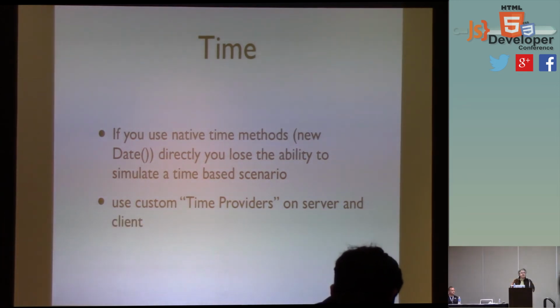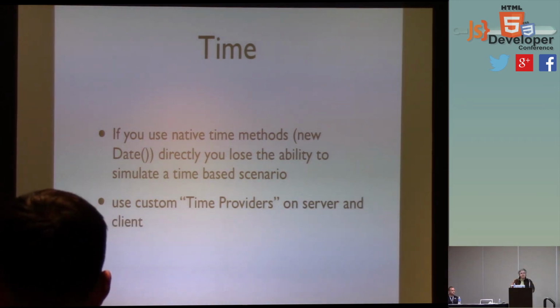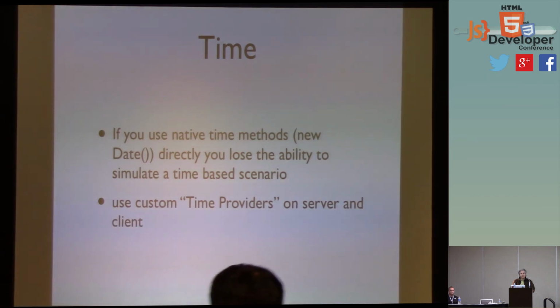That's great if you've written all your JavaScript. If you're using shared components, it's a pain. And especially if your developers like to say new Date now. So if you're going to serve a particular fake date for your tests on the client side, you're going to have to spend a lot of time burrowing through your client-side code for any possible places where you directly pull date objects in order to get the current time.